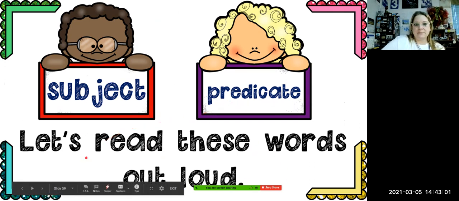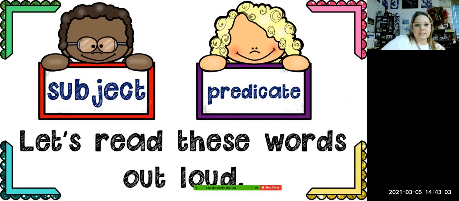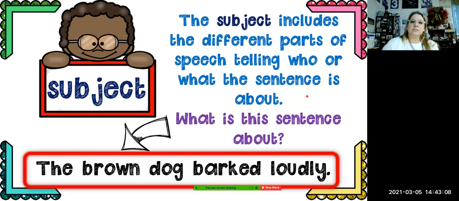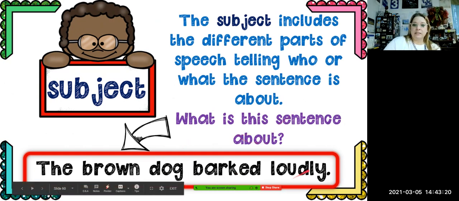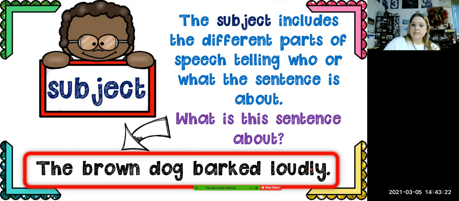Say it with me this time. Subject, predicate. So the subject of the sentence includes the different parts of speech which tell who or what the sentence is about. So what is this sentence about? The brown dog barked loudly. Who or what is that sentence about?